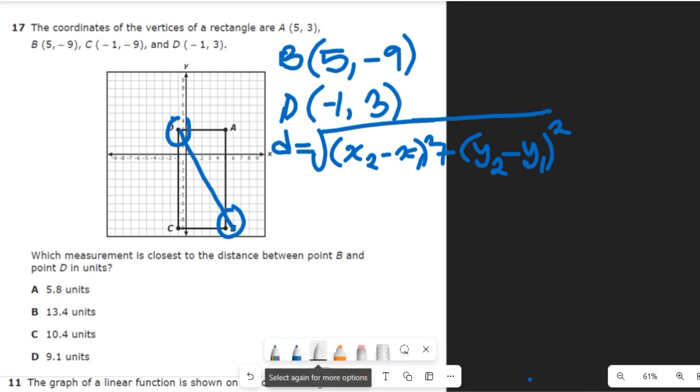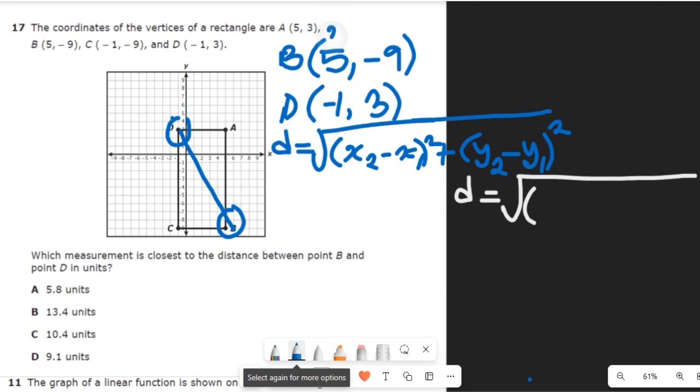Now, in order to solve this, we're going to find the value of d. Here we have x1, this is y1, while this is x2, and this becomes y2.